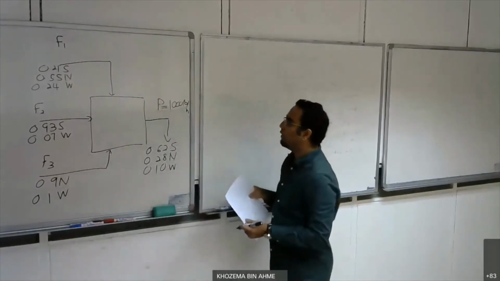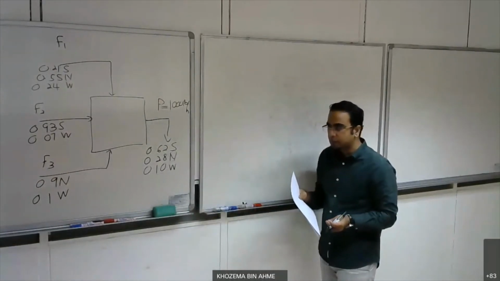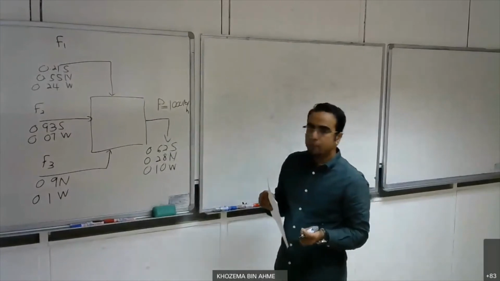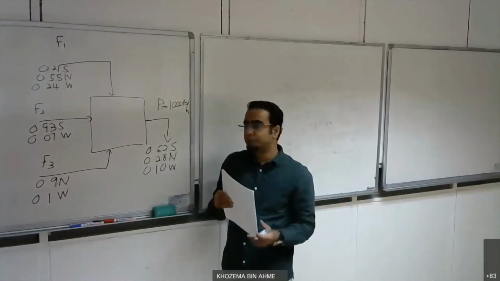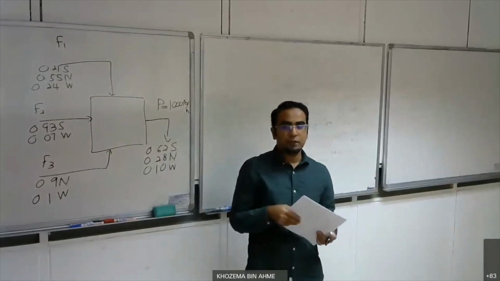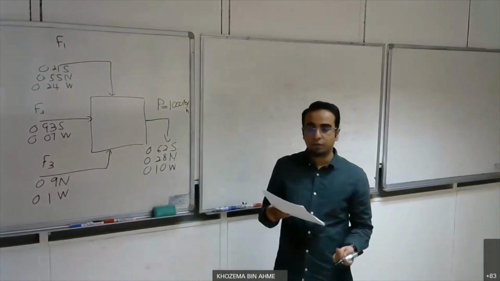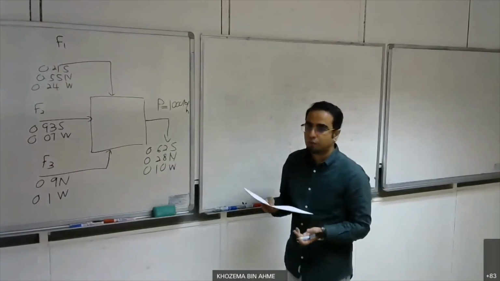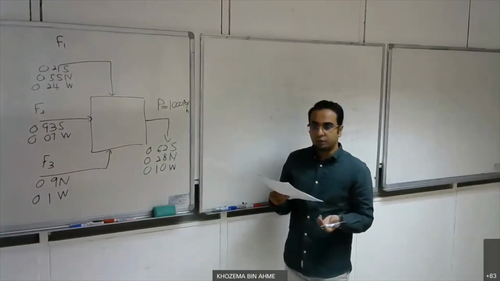So NU is equal to 3, and we have 3 components, so we can have 3 independent equations. Automatically, the degree of freedom is equal to 0, so that we can solve this problem.